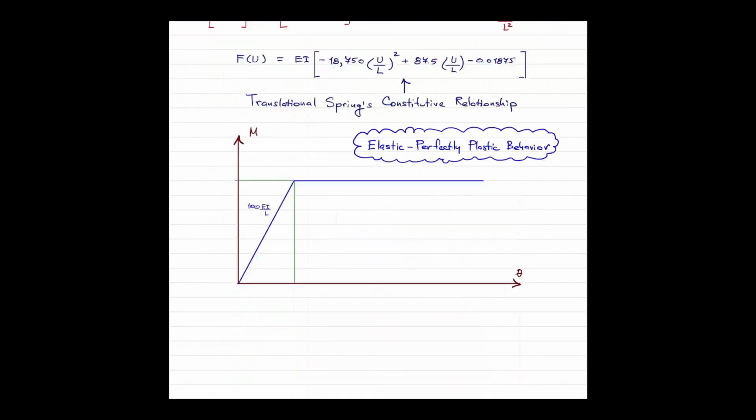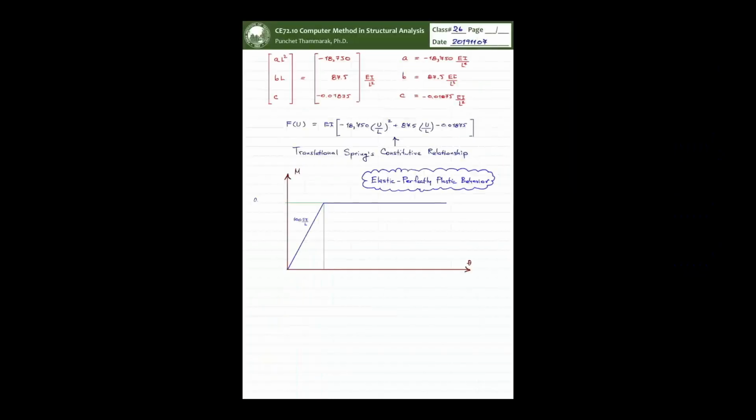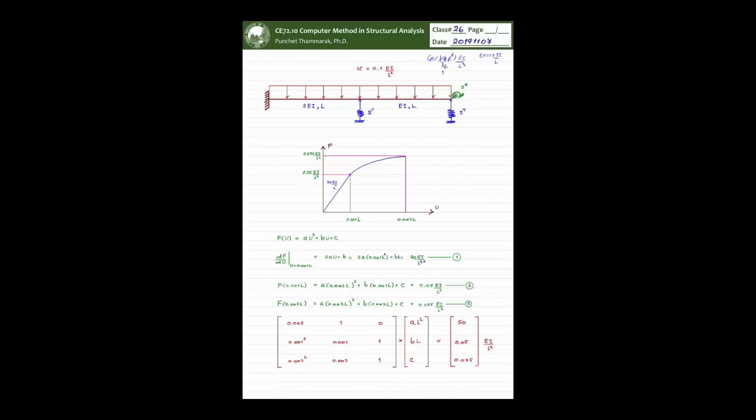So I make it weaker. 1 over 3 has to be 0.0333, yeah.